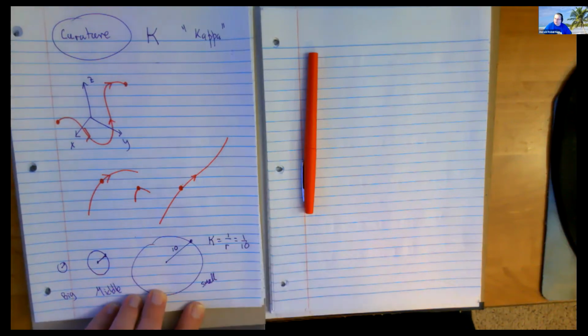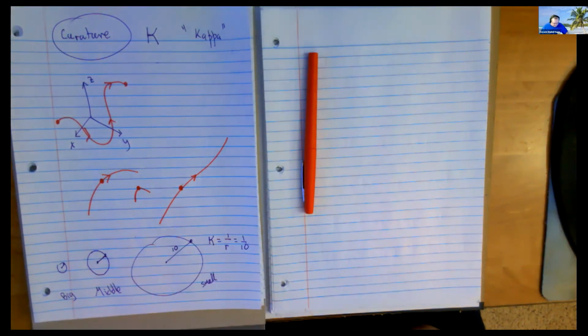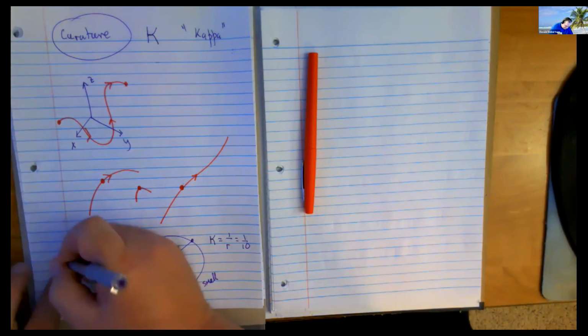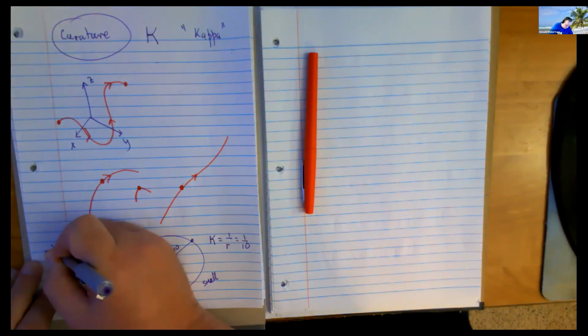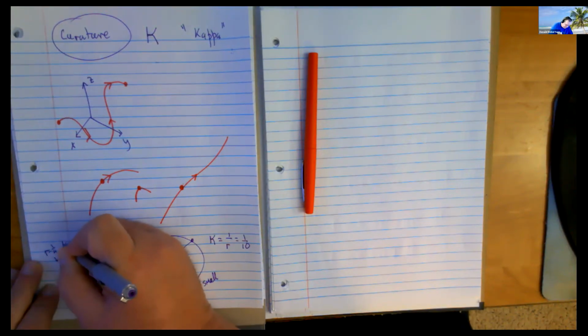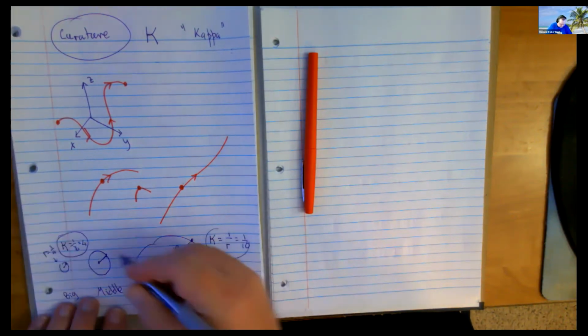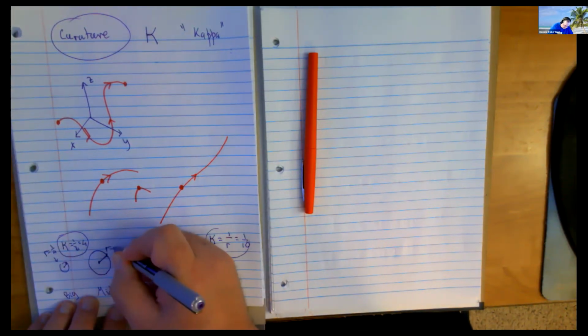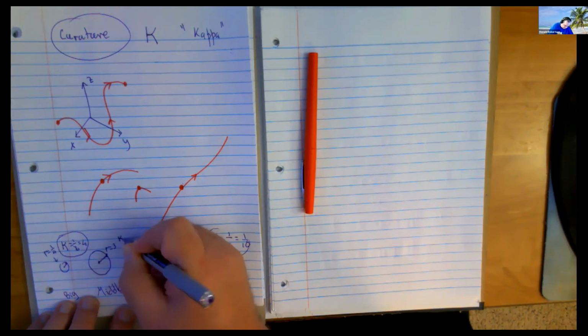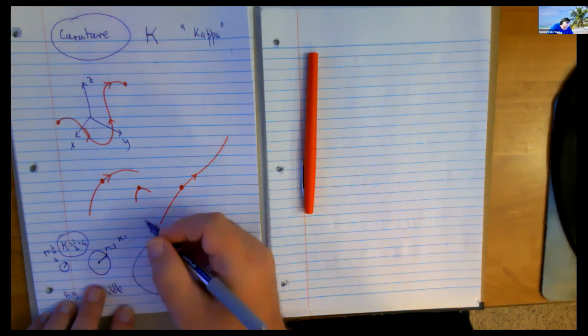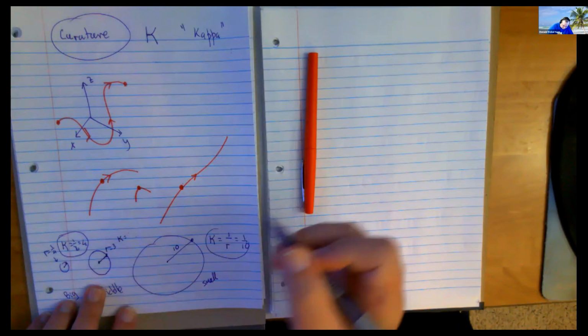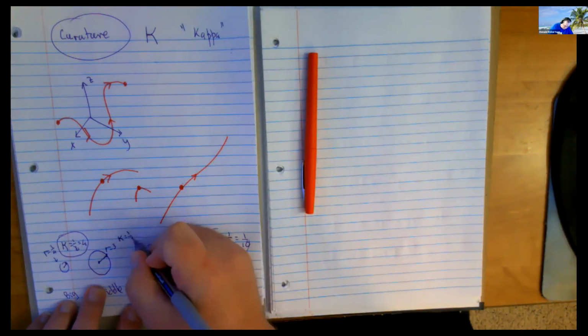It's a tenth. If this one here had a radius of 1/4, then its curvature is 1 over its radius. Its curvature, kappa, would be 4. And this guy in the middle, maybe his radius is 3, so his curvature would be a third.